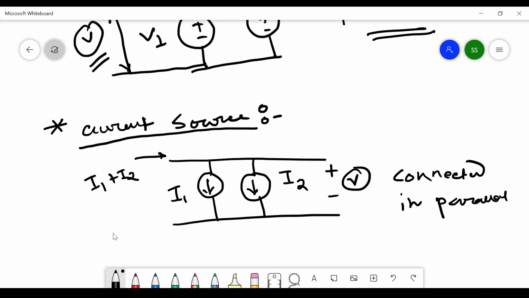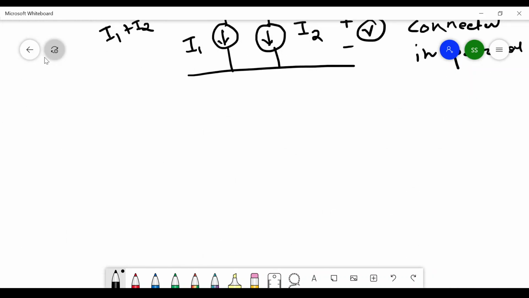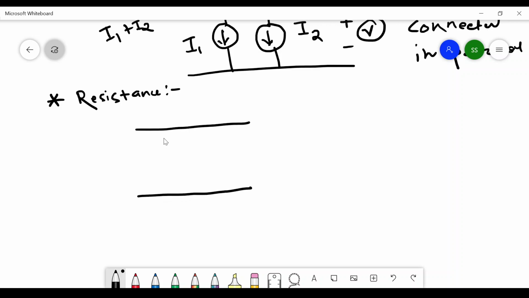Now the next element which we will be discussing is the resistance. Two parallel lines are there and we are connecting resistances here, let's say this is R1, this is R2, and this is R3.